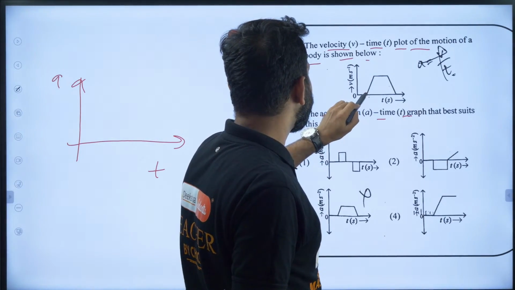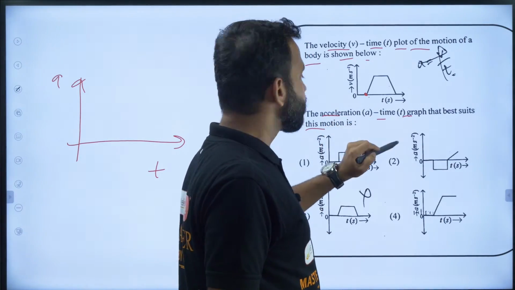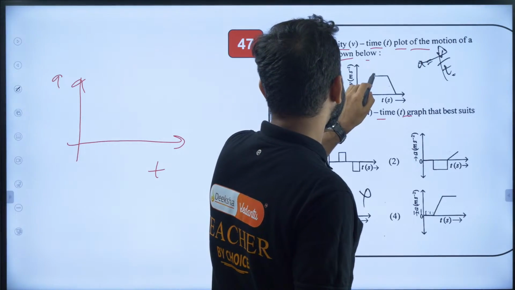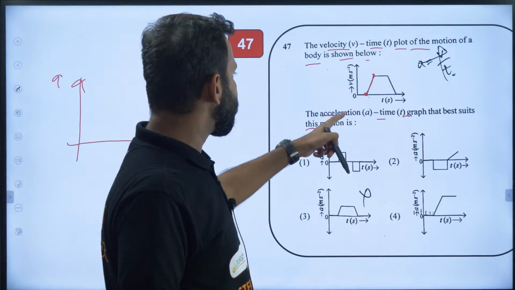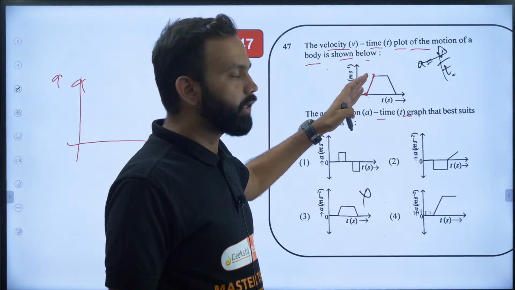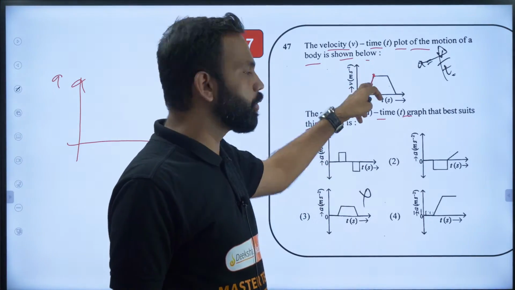Here the time is not starting from 0, right? From this point to this point the slope is constant, that is, the velocity is changing continuously, so acceleration is constant because the slope is constant.